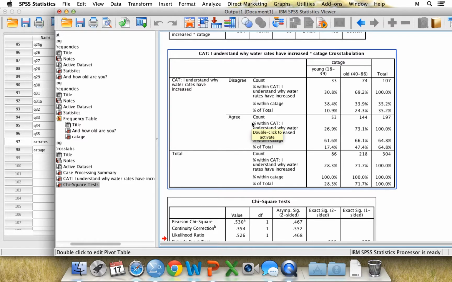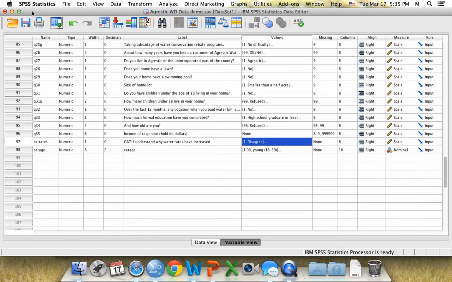Then next, I'm curious because my client says, well, does age influence how much money people make? So I look at the data file. I saw age as a continuous variable from 18 to 86 years old, and income in dollars, so that's also a continuous variable. In order to find out if they're related, I need to do correlation because they're both continuous variables.